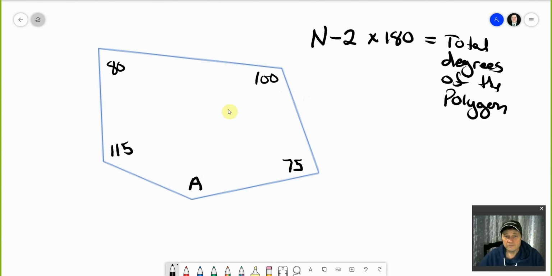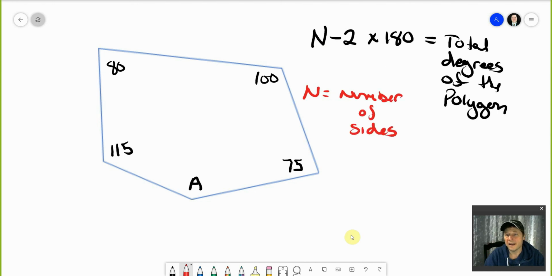So I want to know, what is the total angle in here? Because without the total angle, I can't figure out A, right? So this is the formula: n minus 2 times 180. What does n equal? Well, n is the number of sides or number of angles, because they'll be the same.